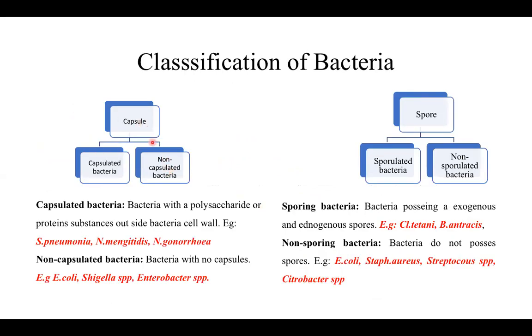Another category for the classification of bacteria is based on the presence of capsules. Those bacteria which have a capsule outside their cell wall are known as capsulated bacteria. Those which do not have a capsule outside their cell wall are known as non-capsulated bacteria.